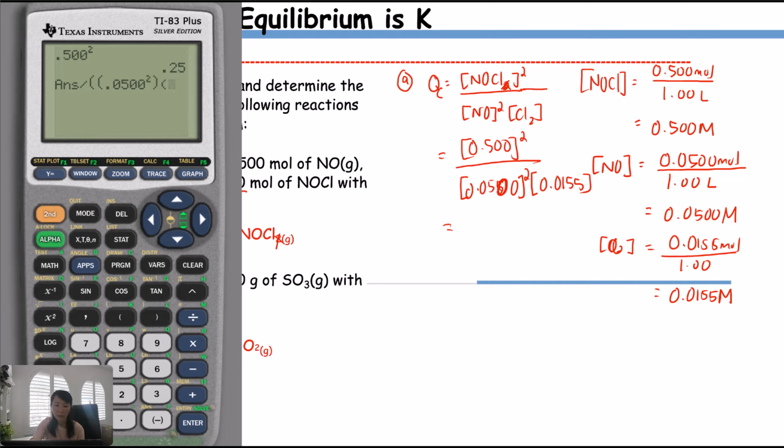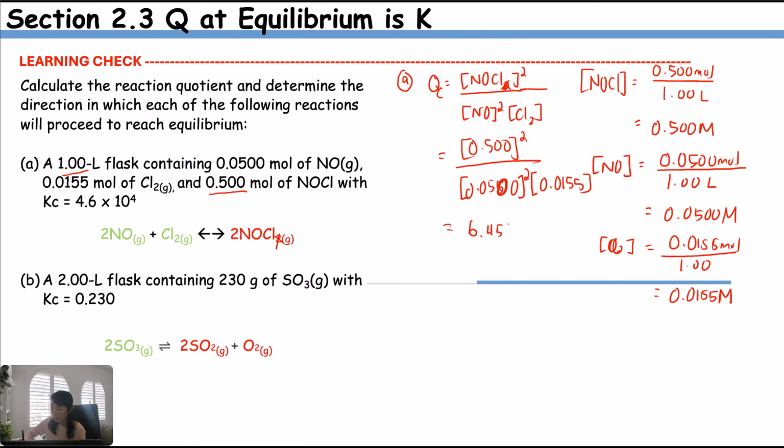And then my next parenthesis is 0.0155. Go ahead and close that parenthesis, and close it again. And then you get 6,451, so approximately with 3 sig figs, 6.45 times 10 to the third.